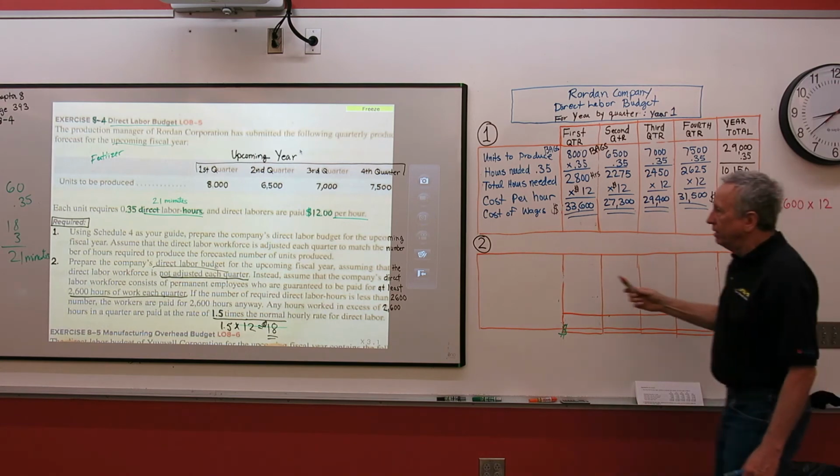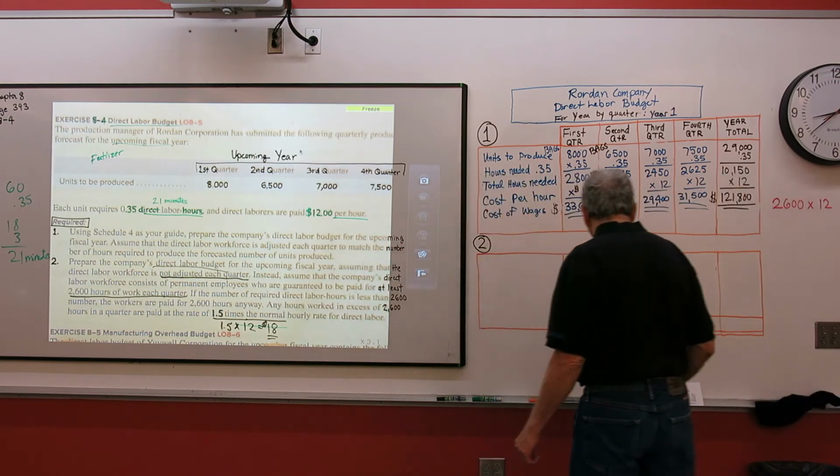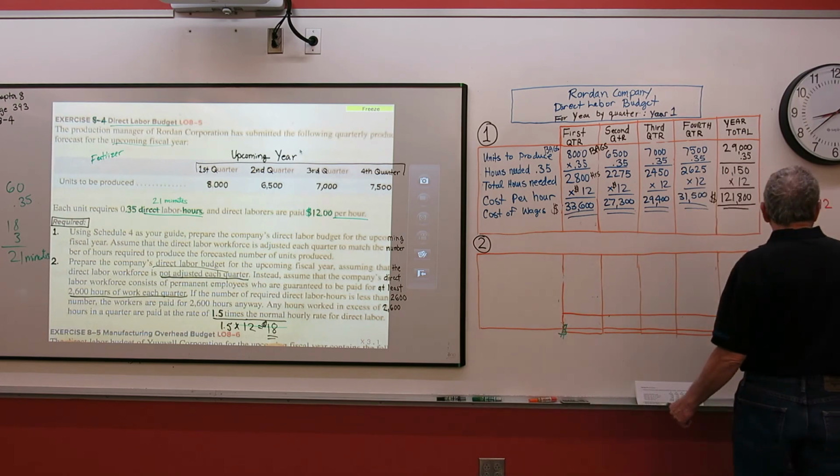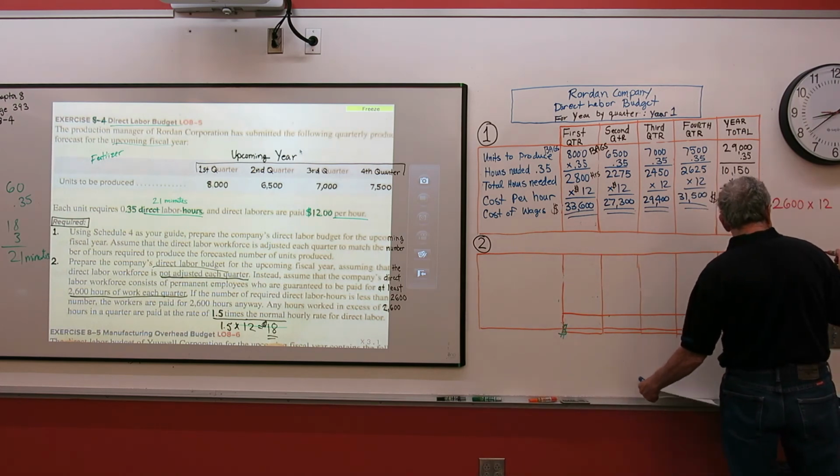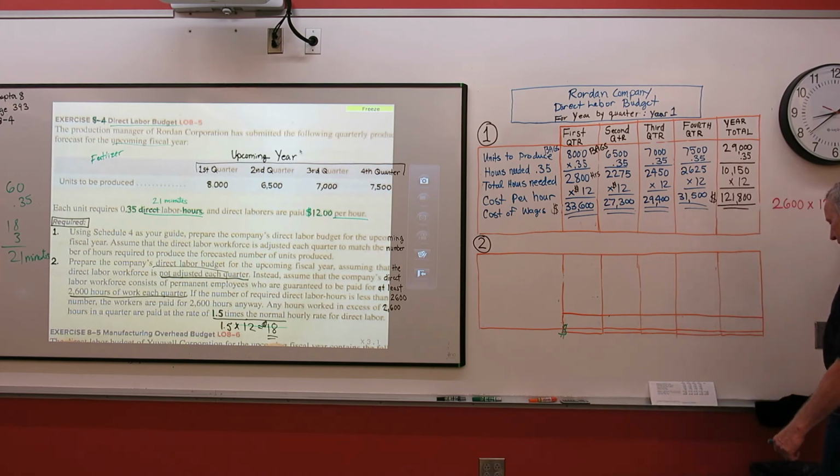Is that what they got? Yeah, $12 an hour. That should be about $30,000. Let me see here. That should be $31,200. So you see, this is their guarantee. They're guaranteed 2,600 hours times $12 an hour, and they're guaranteed $31,200.